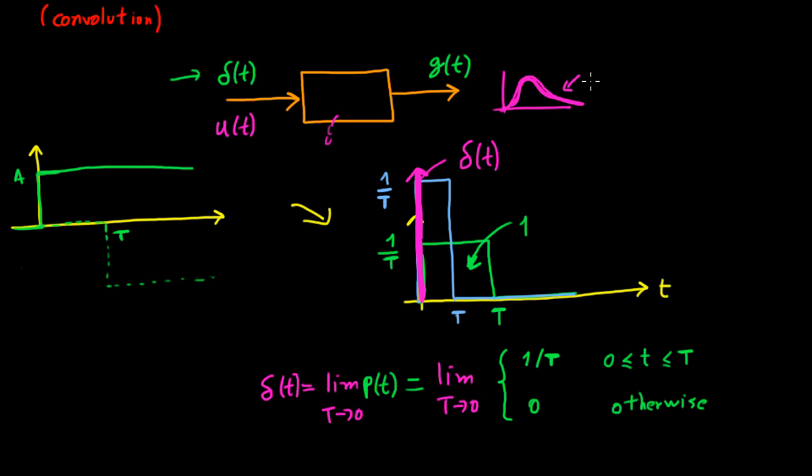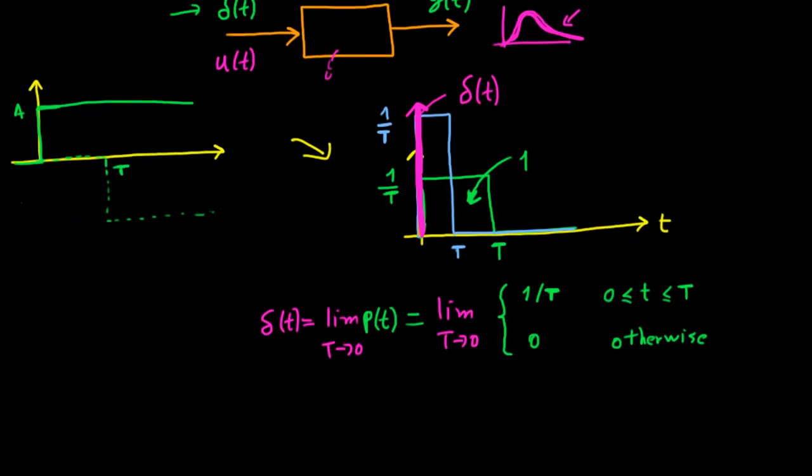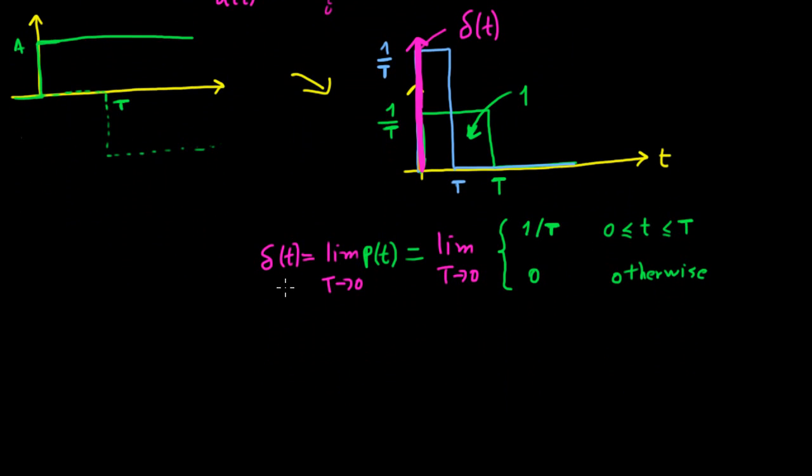But how is that true? Well, because once we have g of t, the output to any input u of t is given by the convolution of u of t and g of t.